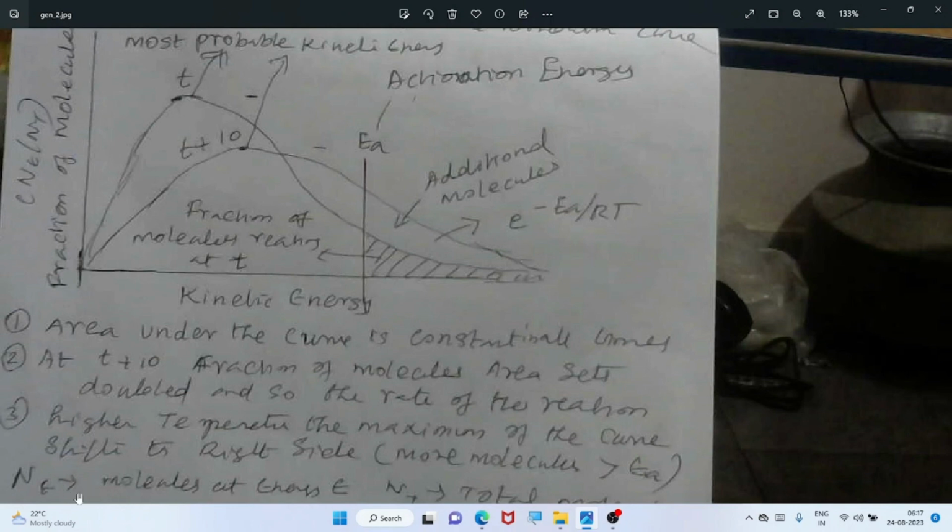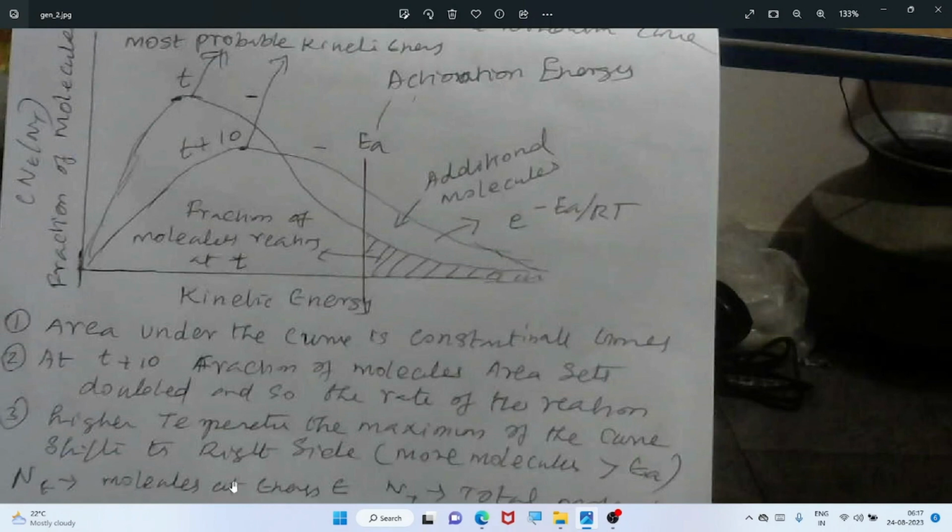At higher temperature, the maximum of the curve shifts to the right side. More molecules are above the activation energy. You see this curve is slightly higher than this curve.